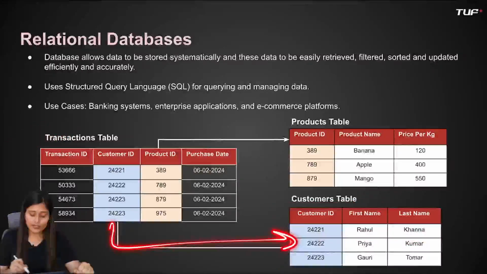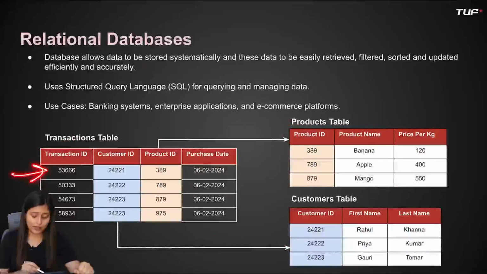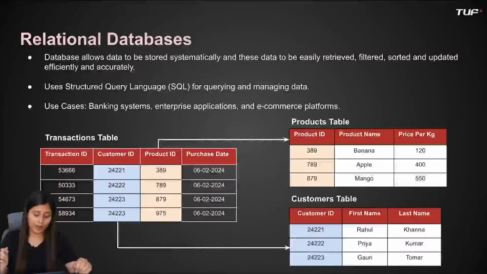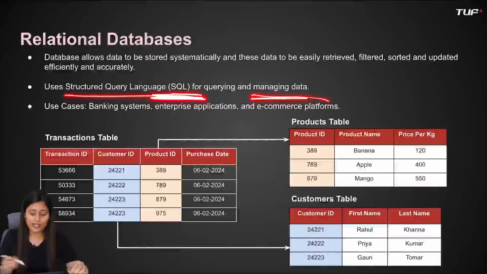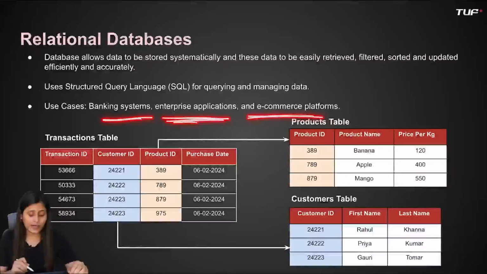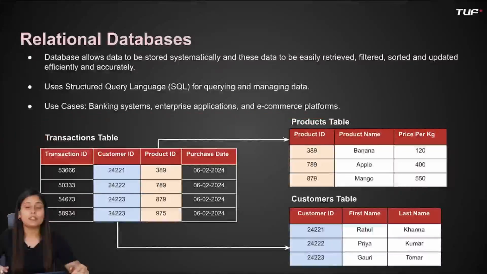So this is basically the relation between these different tables, and here we have data entries of the same structure, of the same format. We use SQL queries to manage and retrieve data. Use cases of relational databases are in banking systems, e-commerce platforms, and enterprise applications, where we go with SQL, which is relational database.